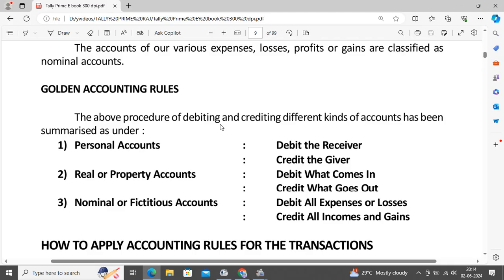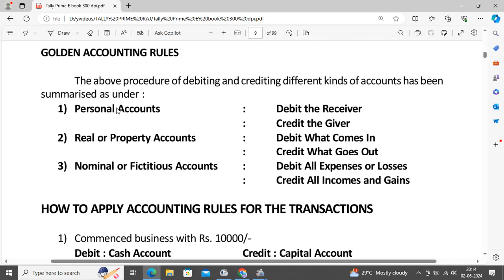Next comes the golden rules of accounting. There are three types. One is personal account. In personal account, if we are running a computer business and we give some amount to somebody, or to a friend, then we have to debit the receiver and credit the giver.